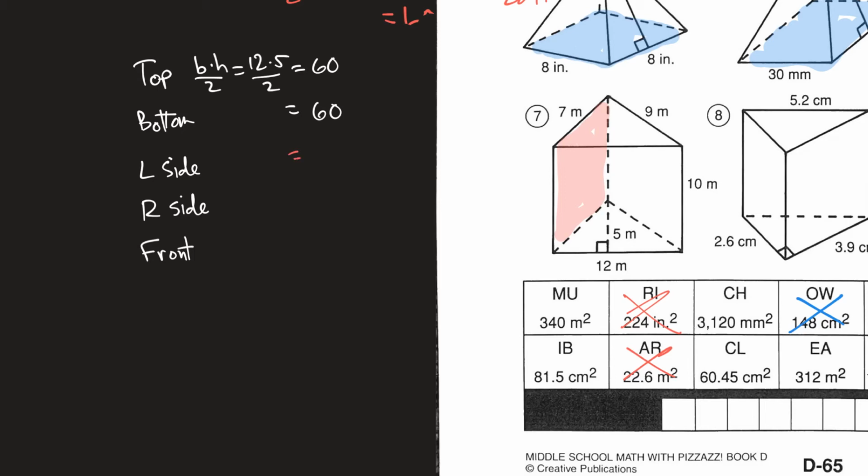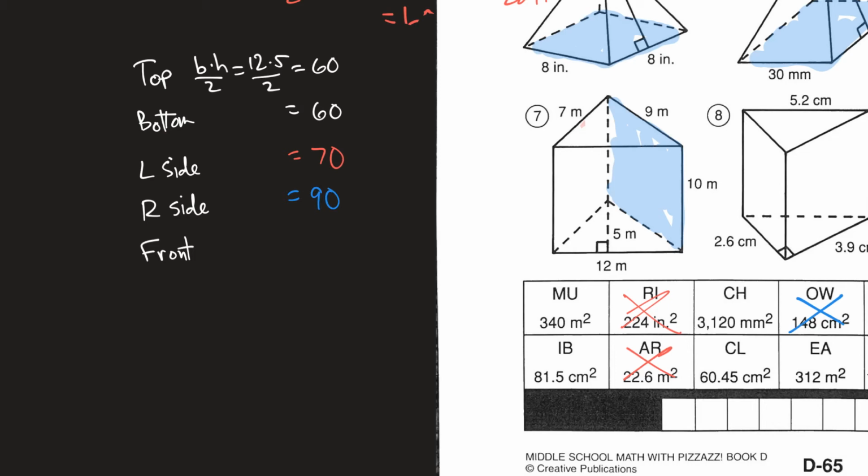Let's go with the right side. The right side is this right here, and it's going to be 9 times 10, which is 90.